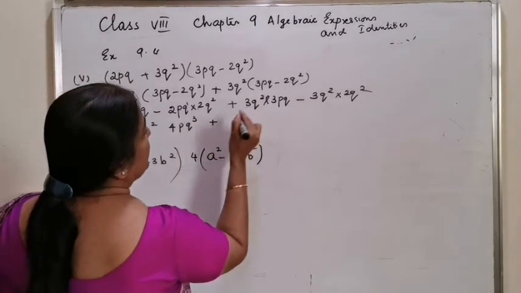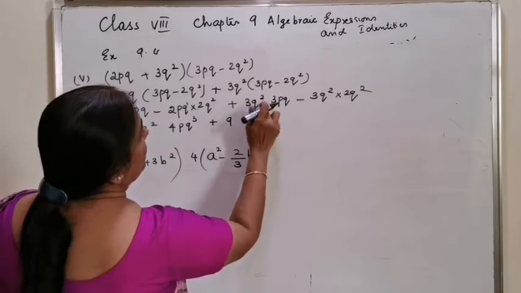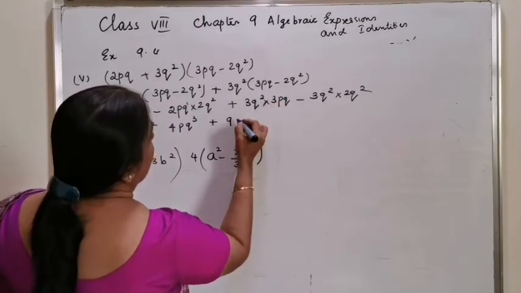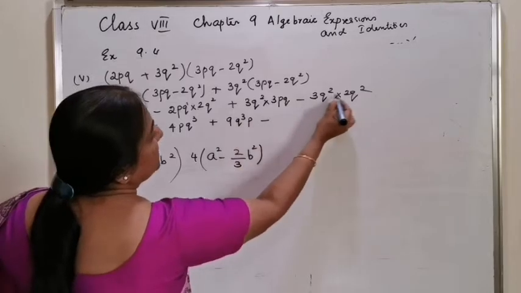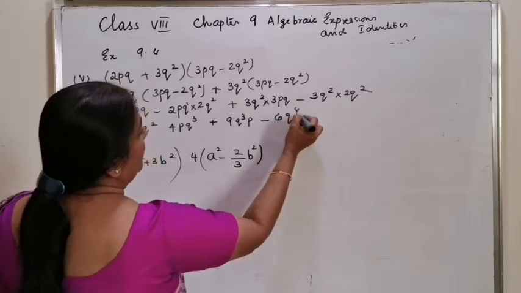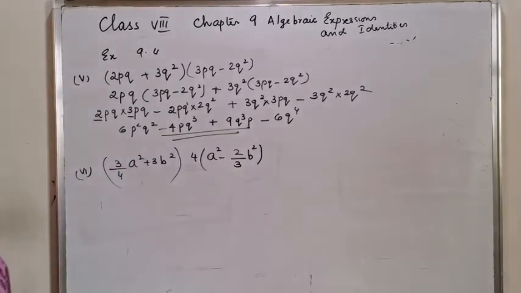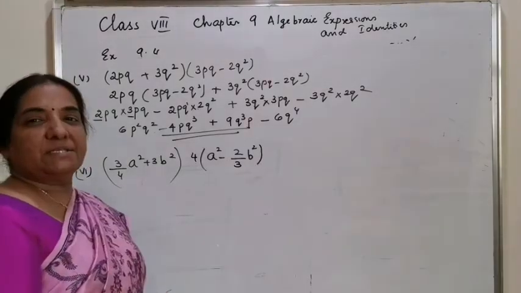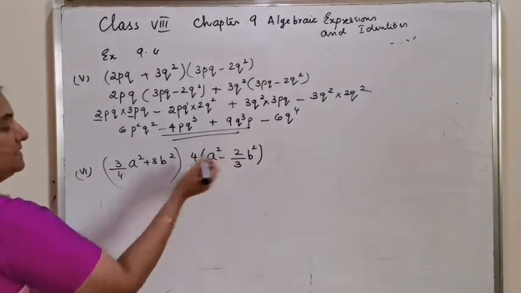Plus 3 3s are 9. Q square, Q is Q cubed, P, minus 3 2s are 6, Q to the power of 4. The answer is 6P square Q square minus 4P Q cube plus 9Q cube P minus 6Q to the power of 4. Here this 4 has to be multiplied first.